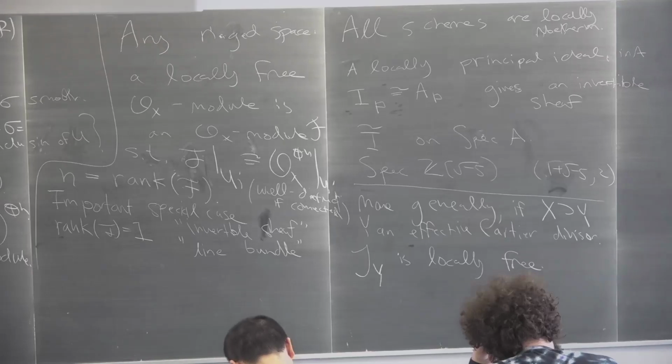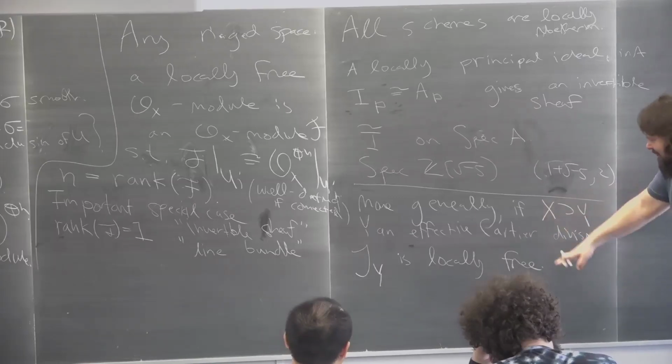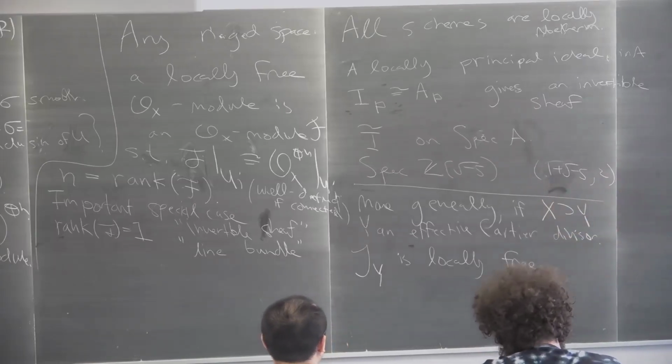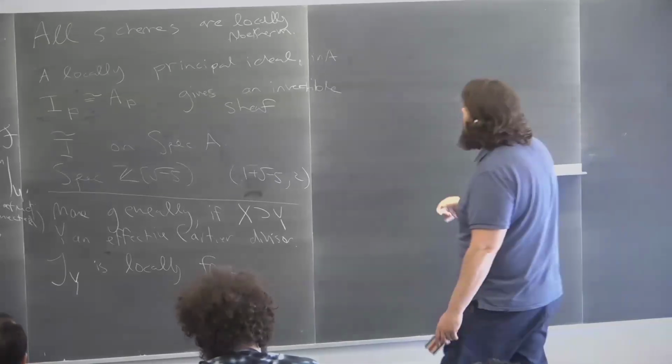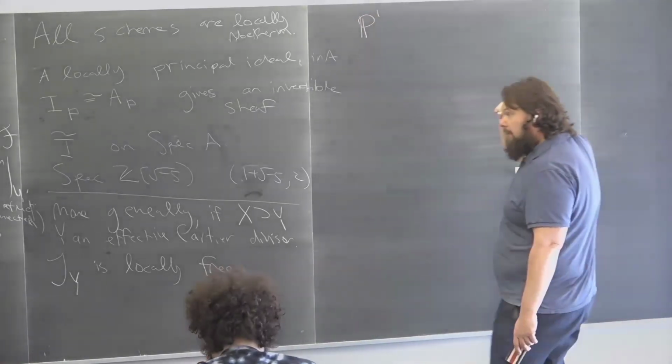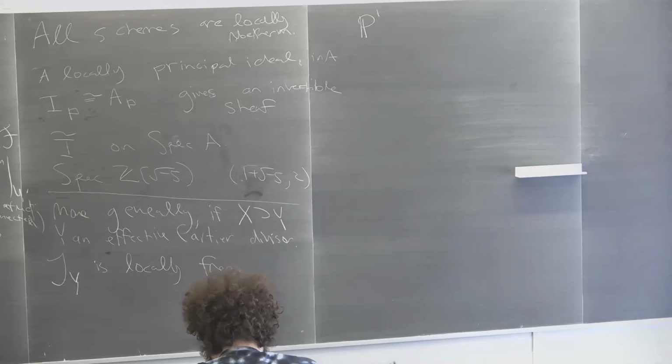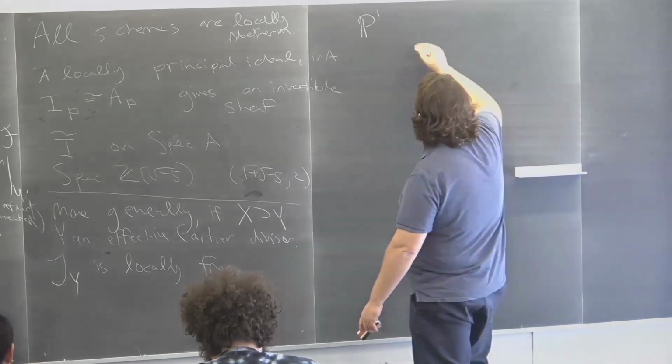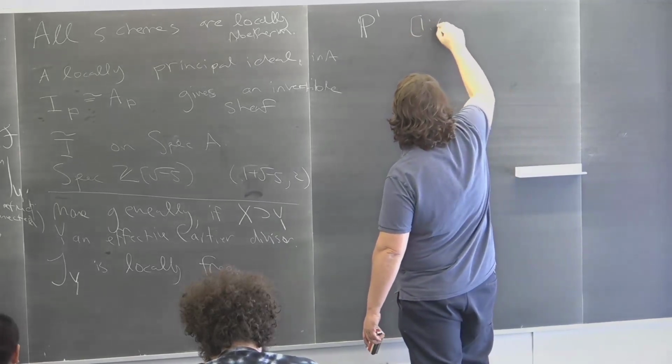And you might think that's a very small generalization of this guy, but of course, this is something we can do on non-affine schemes in an interesting way. So, for example, on P1, a single point gives me an effective Cartier divisor.